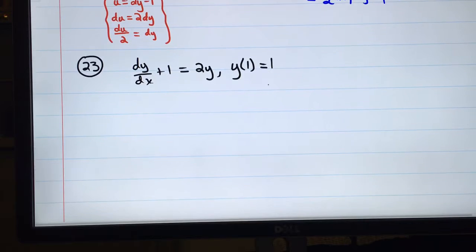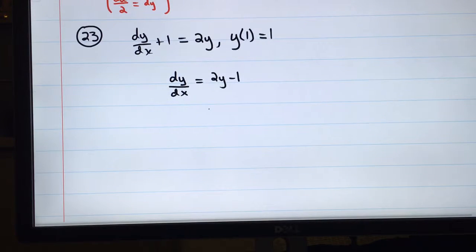And here I have the capacity to separate the variables. If I isolate the derivative first of all, we have dy over dx is equal to 2y minus 1. Here we can separate the variables by separating the differential and also dividing by the binomial 2y minus 1. So we have dy over 2y minus 1 is equal to dx.